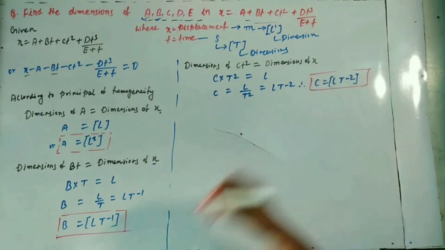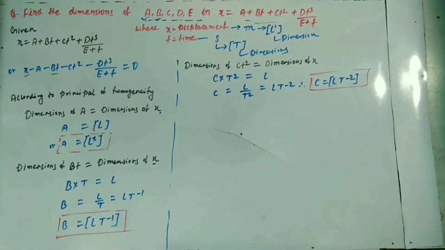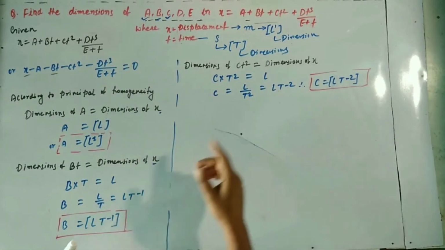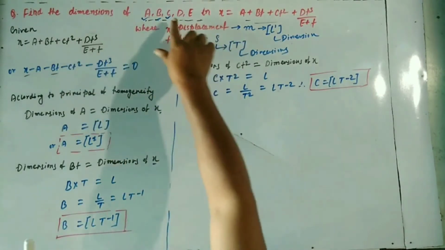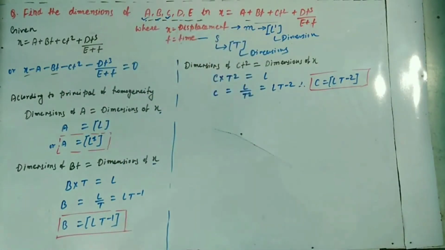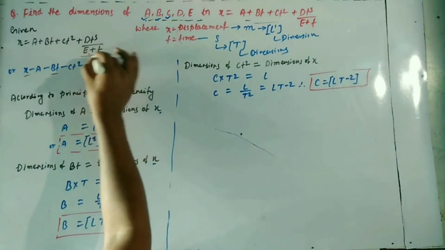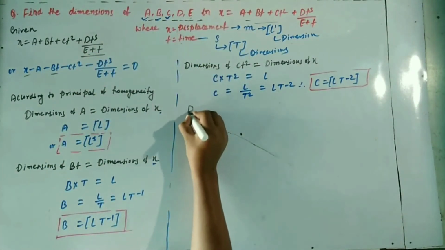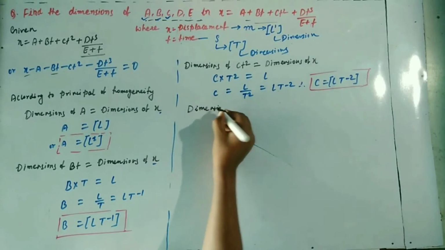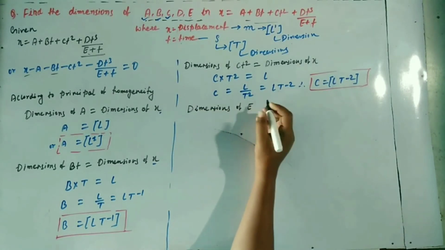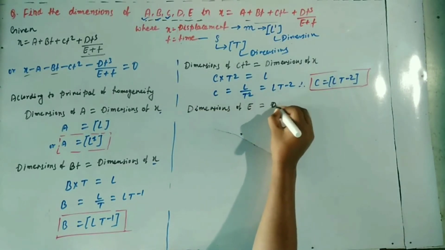Now two terms remain, d and e, since the dimensions of a, b, c are already found. In the equation, e plus t are given.